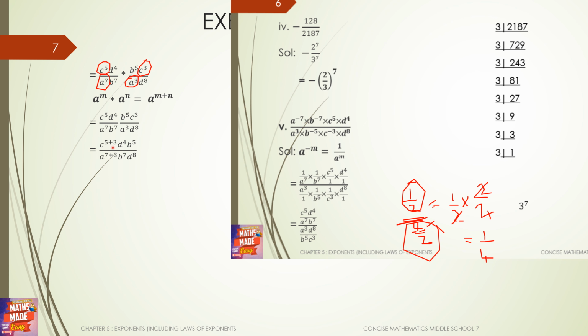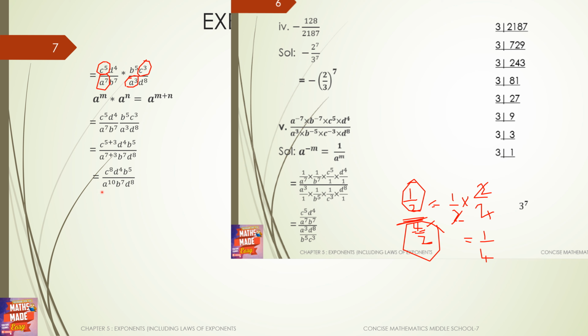So c to the power of 5 plus 3, d to the power of 4, b to the power of 5, I am writing down as it is, because there is no other terms with d or b. Even in the denominator, I'm going to apply this formula only for a, because with the b and d there is no other bases or other exponential forms.